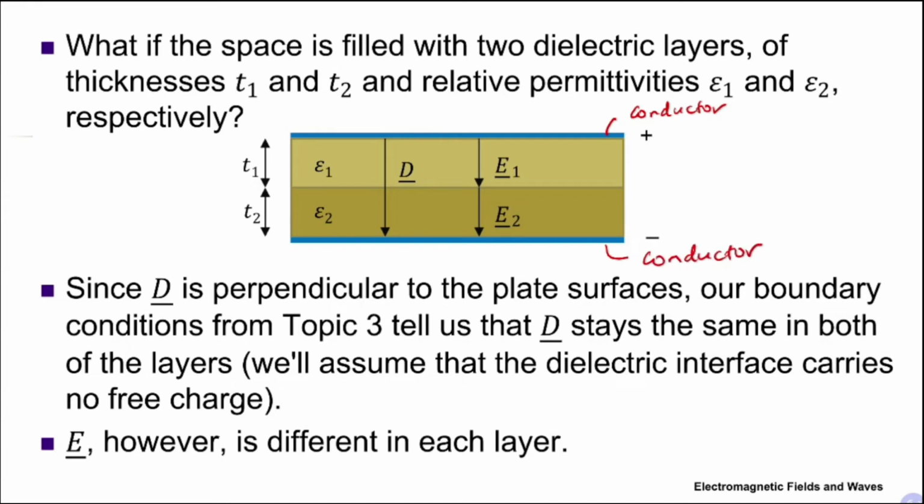If I apply this to a supply, then I'll have plus Q on the top plate and minus Q on the bottom plate. And then each layer of my dielectric materials, T1 and T2, corresponds to epsilon 1, epsilon 2.